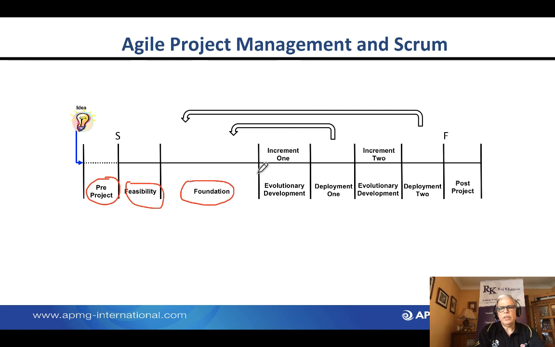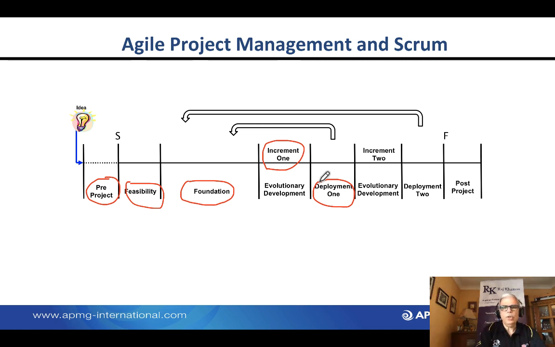And then we start to develop things incrementally. Now, this is where the difference lies between doing things in a waterfall and doing things in the incremental approach. The incremental approach is when we have delivered something, we deploy it. And deployment means using whatever has been delivered.